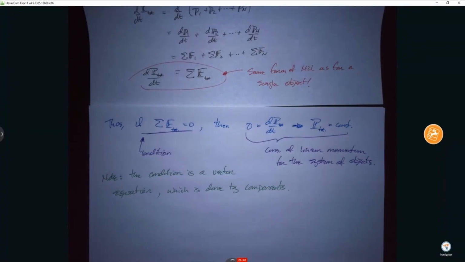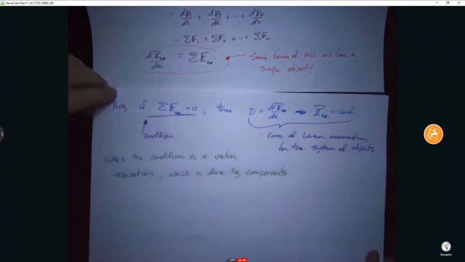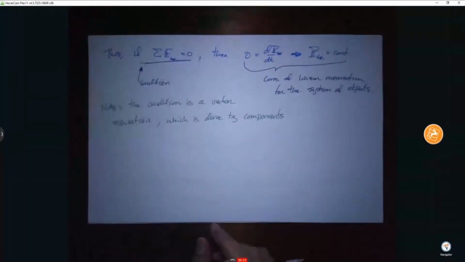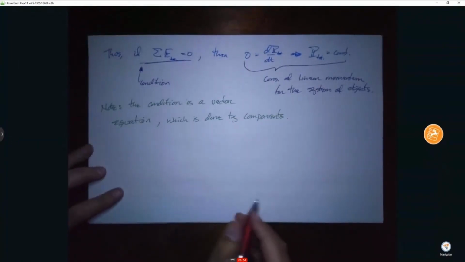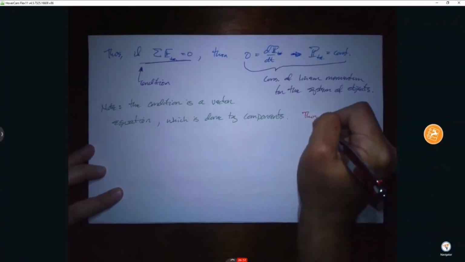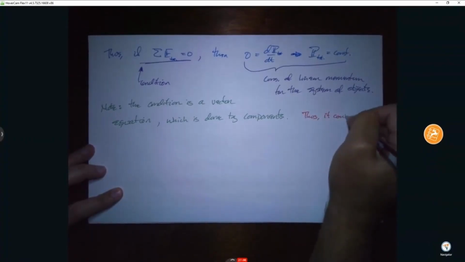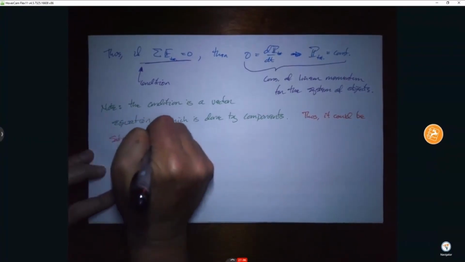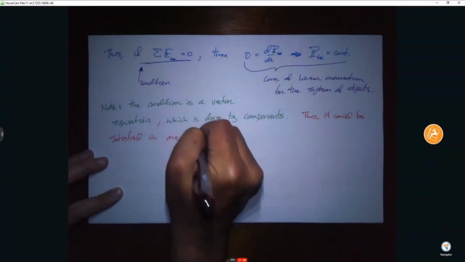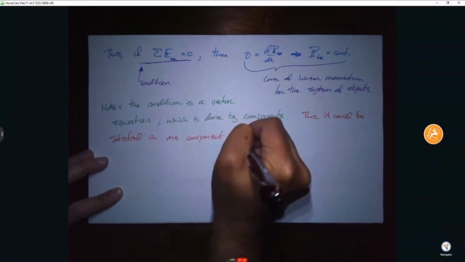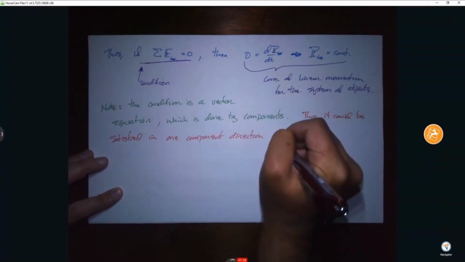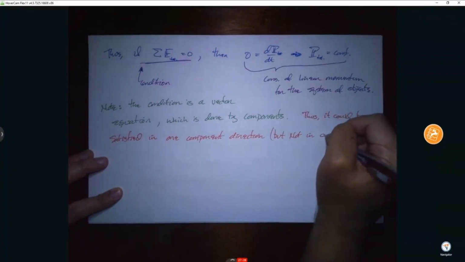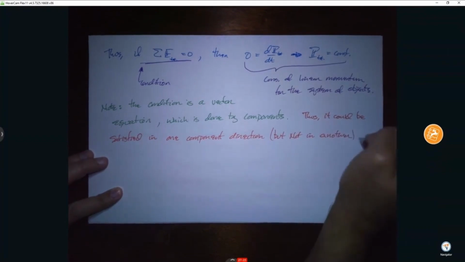It's not like a scalar quantity where it's true everywhere, but it could be one component direction, but not another.